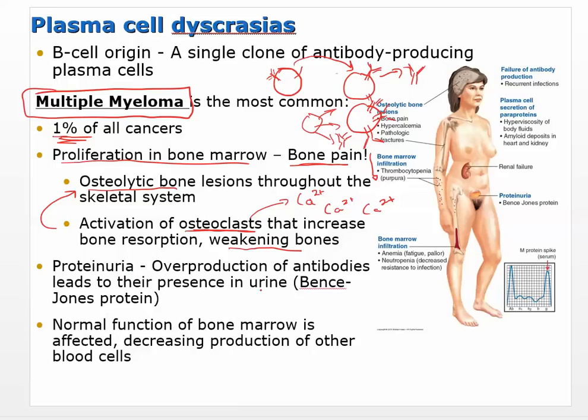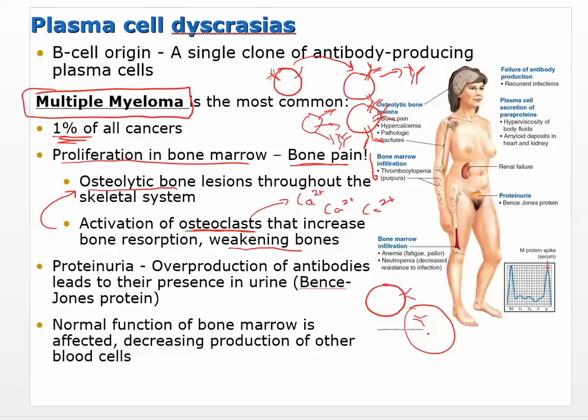Now, the other thing is we're talking about antibodies being produced. There are a lot of interesting things about this. If you're producing antibodies and you have a malignant clonal expansion of a particular plasma cell, then you're going to have a whole lot of that particular antibody. Now, obviously, the disease or whatever triggered that antibody production is long gone.